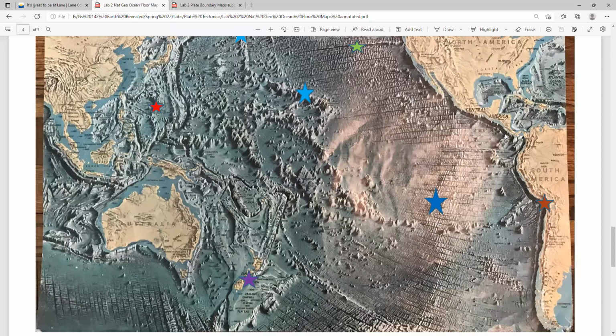There's a little tiny Cocos Plate here going underneath Central America. Okay, there's a trench. And then the name, well, it has it right here. And you may have already known that. Okay.